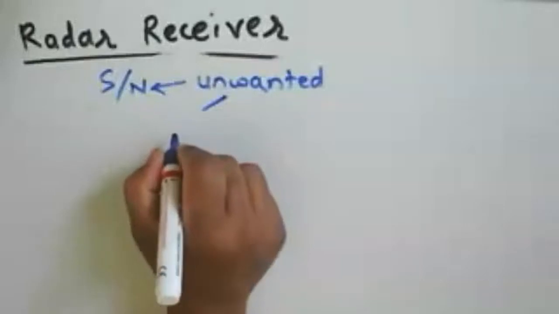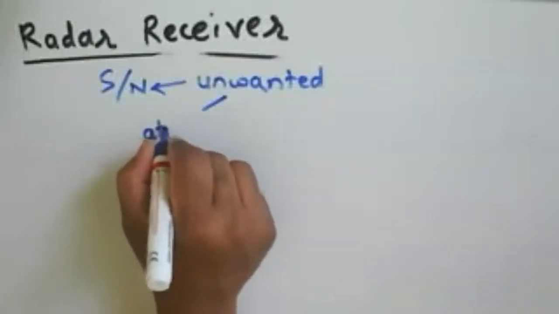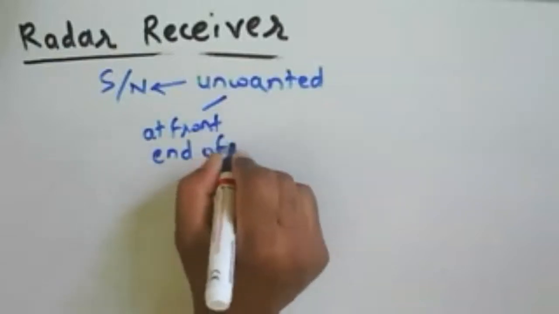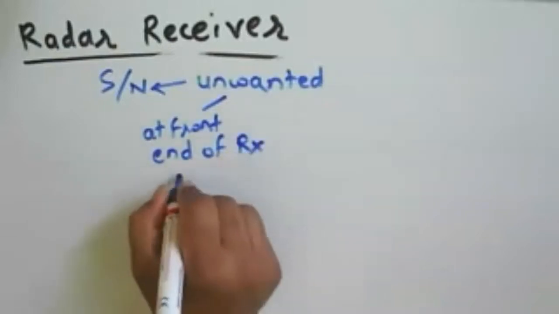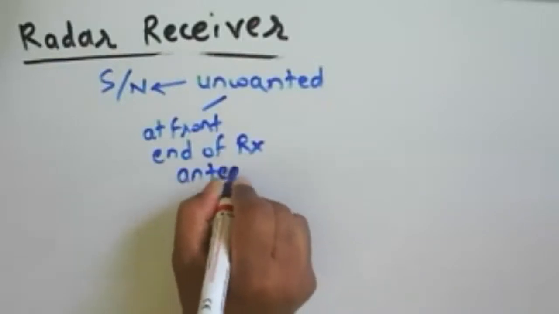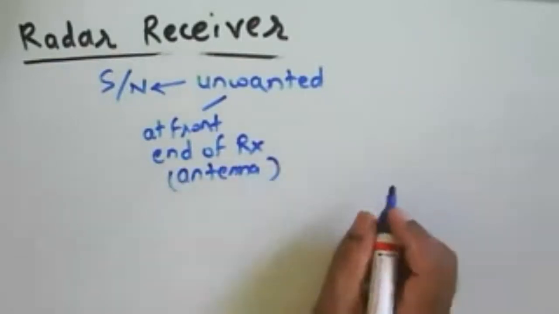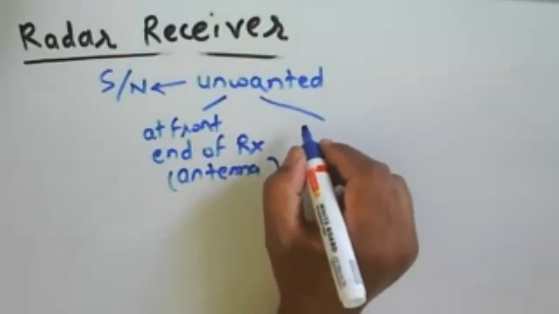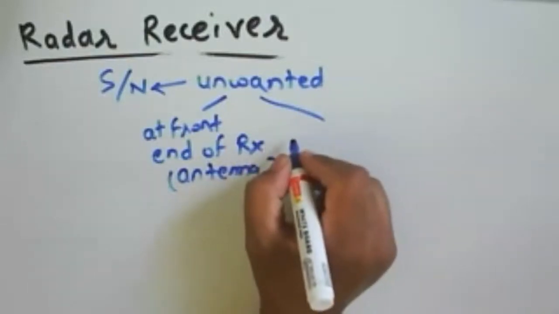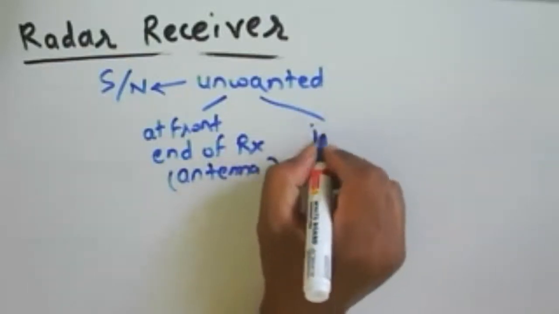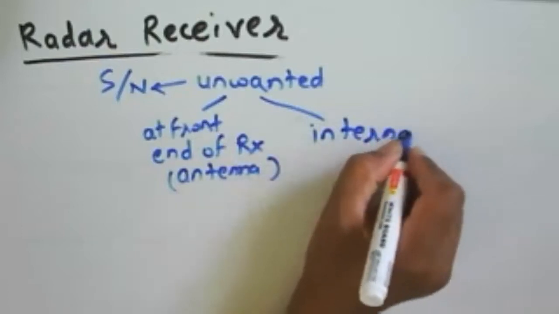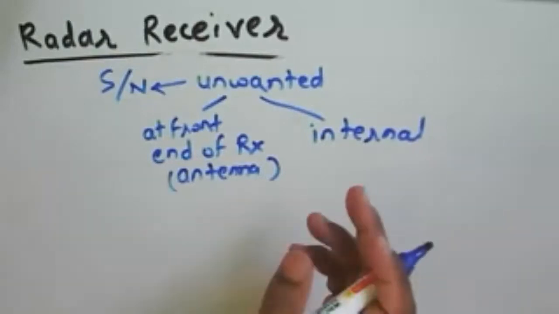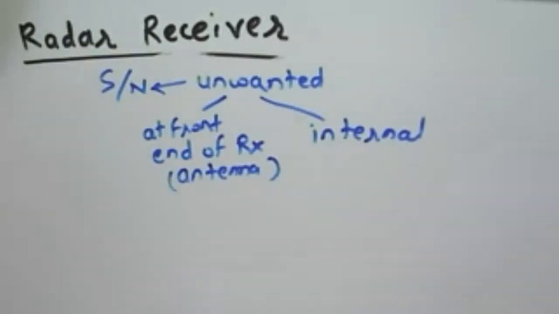Whether it is external, at the front end of the receiver, or at the antenna, or a signal from internal components: mixer, local oscillator, duplexer, likewise. So we can consider that is about noise now.